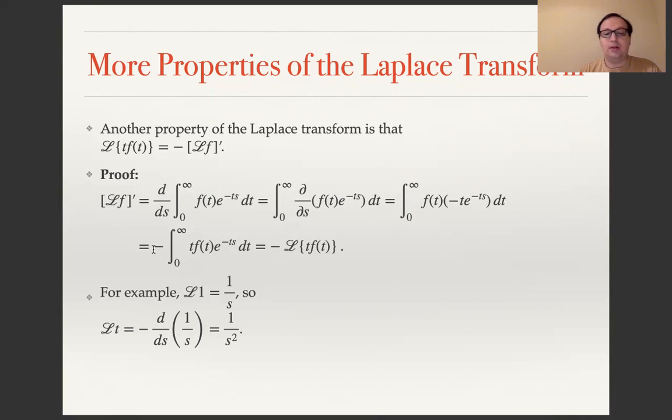We can pull the minus out of the integral, so it's minus the integral from 0 to infinity of t f of t e to the minus ts dt. And this integral is, by definition, the Laplace transform of t f of t. So this is minus the Laplace transform of t f of t. Right?